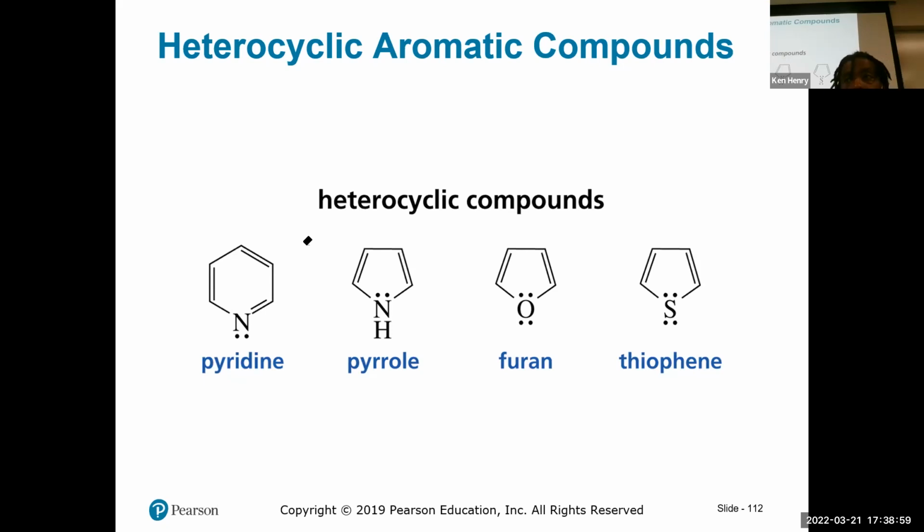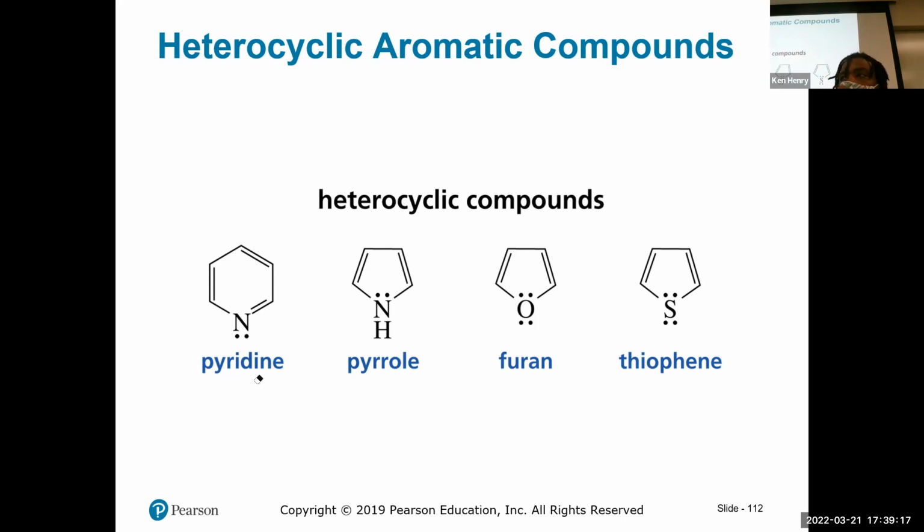Because it's not all carbon, right? So far, what we've defined in terms of our aromatic rings have been carbon-based rings. In this case, they're heterocyclic because now we have another element other than carbon there, okay?